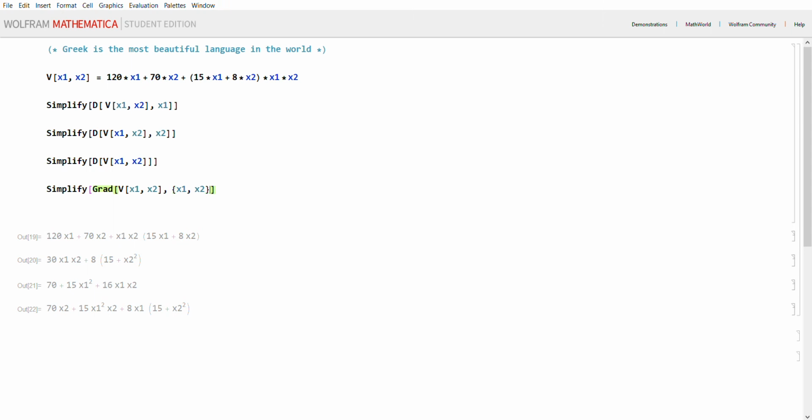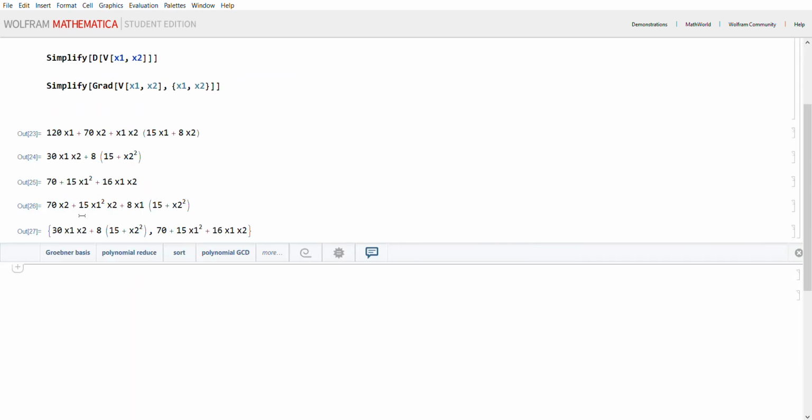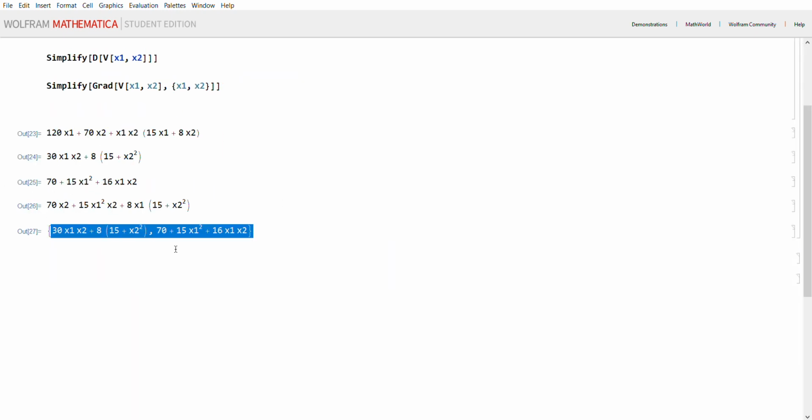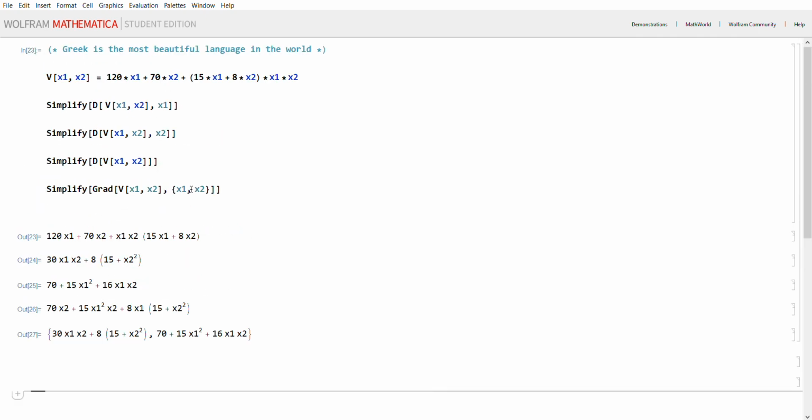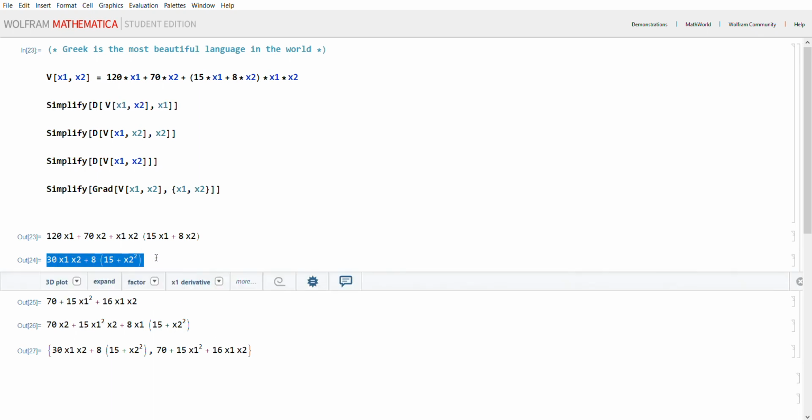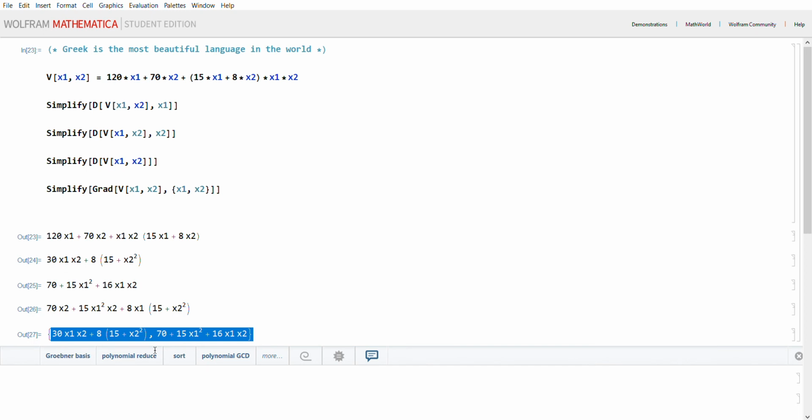Okay, there we go. This is the x1 component and this is the x2 component. If you want to check, this is the x1 component, so it should be the same as the x1 component of the grad function. You see, the x1 is 30x1x2, it's the same.